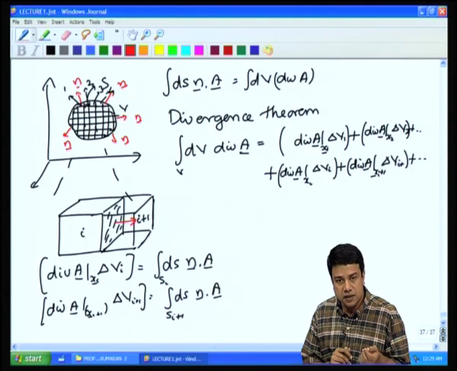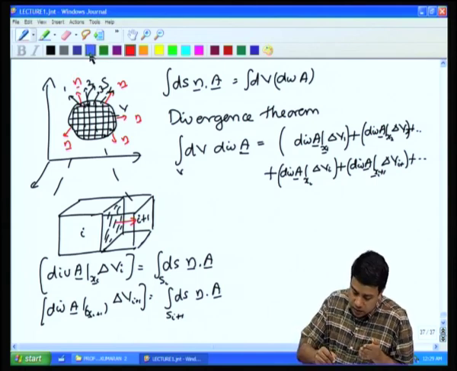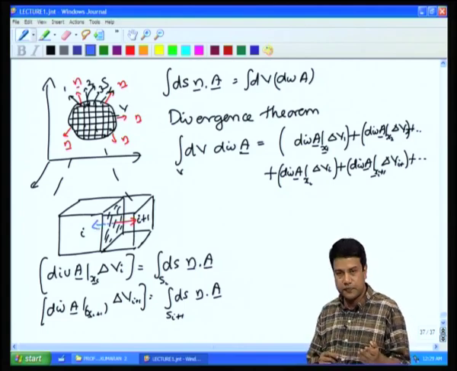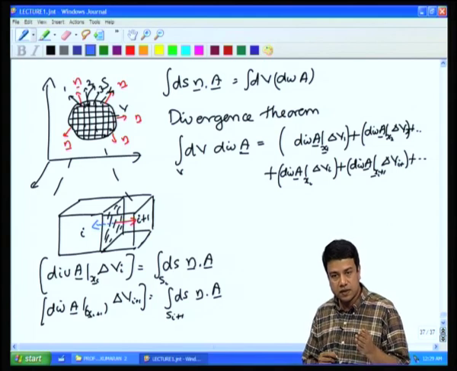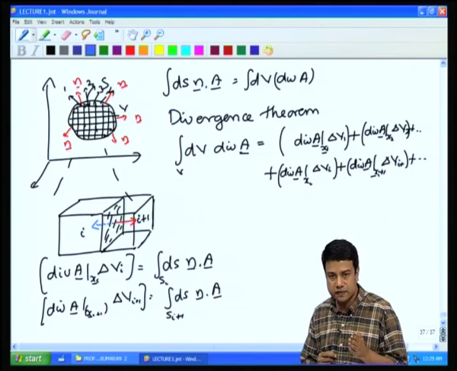If I go to the next adjacent volume I plus 1, at this common surface, the outward unit normal to the volume I plus 1 actually points in the opposite direction. Okay. Value of A is the same for both volumes I and I plus 1, because it is the same surface.